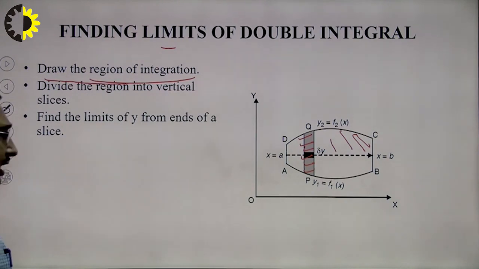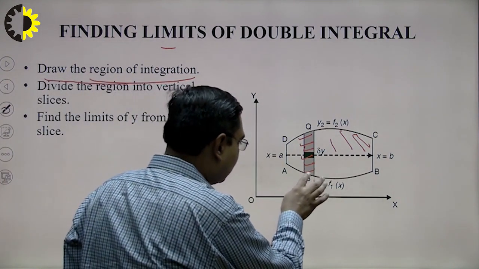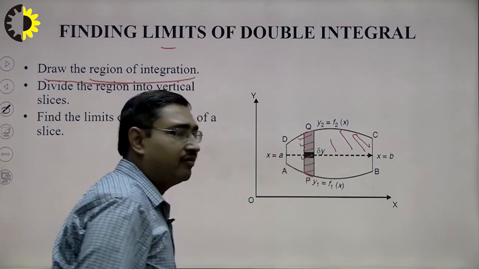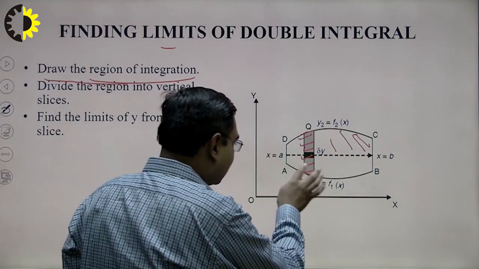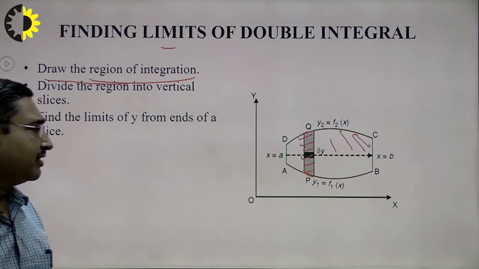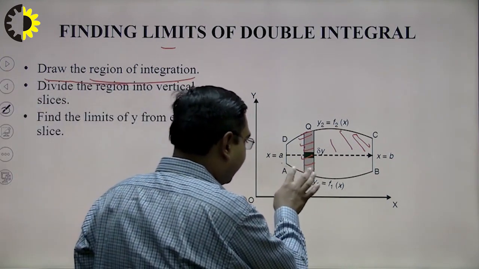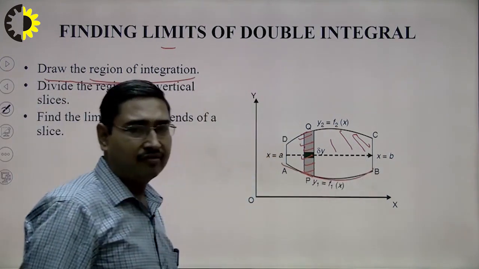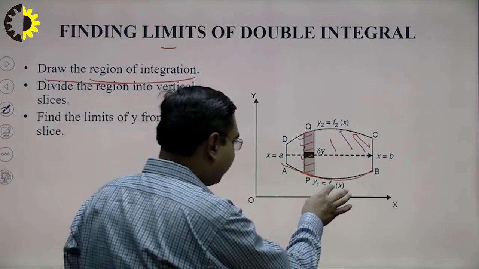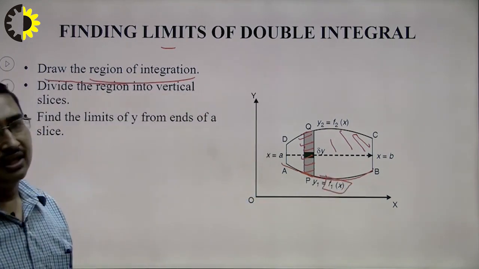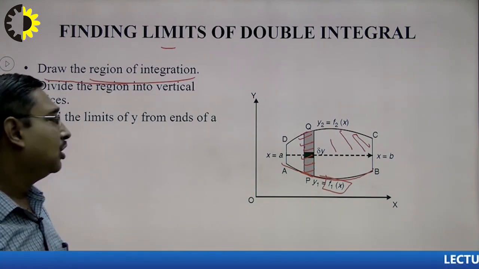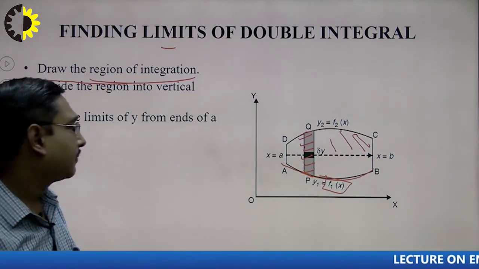To find the limits of y, we shall use ends of this vertical slice. The lowest end of this vertical slice is lying on this curve. So, we shall find the value of y from the equation of this curve. This will be the lower limit of y.